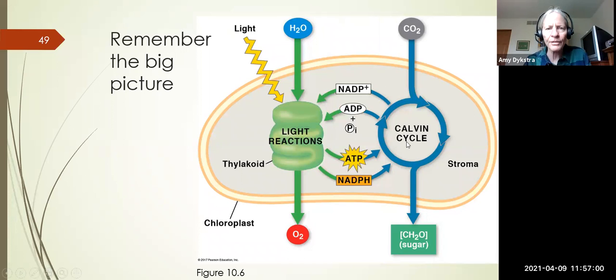And the goal of the Calvin cycle is to incorporate inorganic carbon from carbon dioxide into organic molecules that would be the overall product of photosynthesis, the sugars that are produced by photosynthesis. These reactions of the Calvin cycle happen in the stroma.